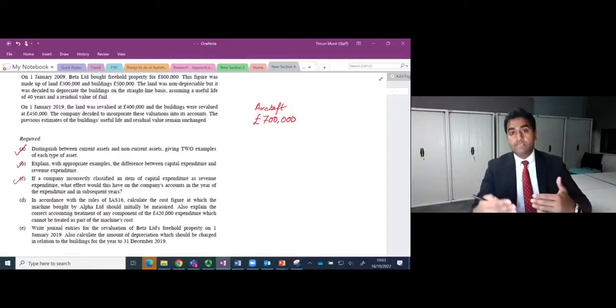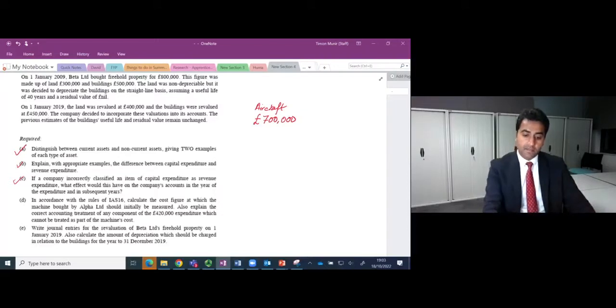And because it is going to enhance my cash flow, I will record it as a capital expenditure and it will become part of the asset. So let's say I have spent £50,000 on the value of the asset, on adding 10 extra seats.